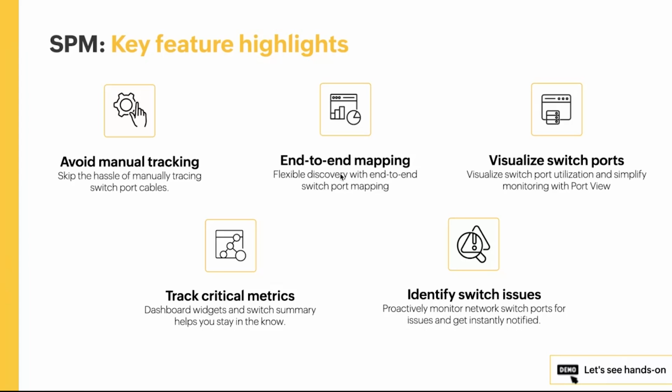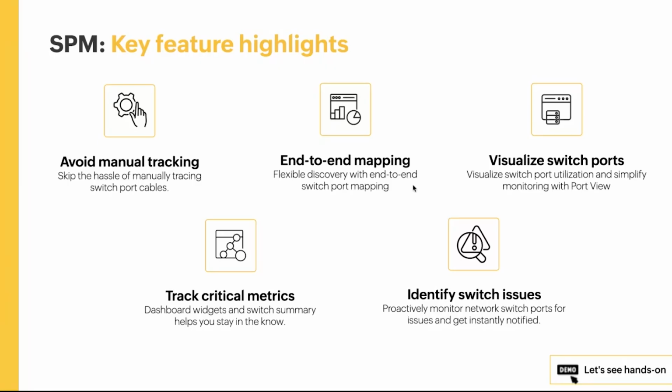And it also helps you track complete connectivity details across your access ports, your trunk ports, and your switch ports connected to multiple MAC addresses. On top of that, it comes with the port view feature. So that lets you visualize your switch ports, and it also shows you critical metrics that you need to monitor. So these metrics give you a clear understanding of how resources are being utilized and mapped across your network.